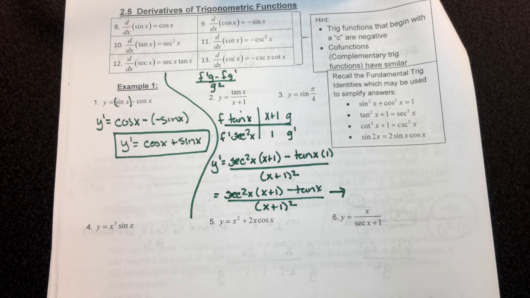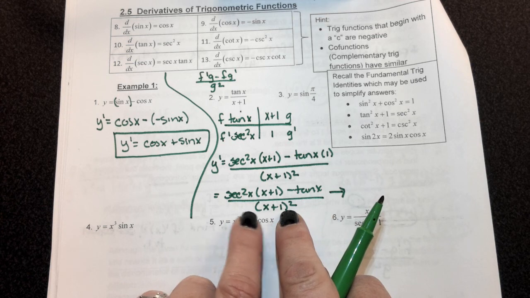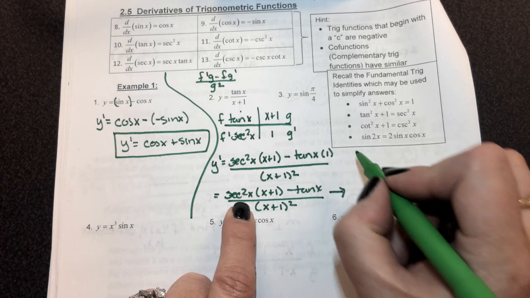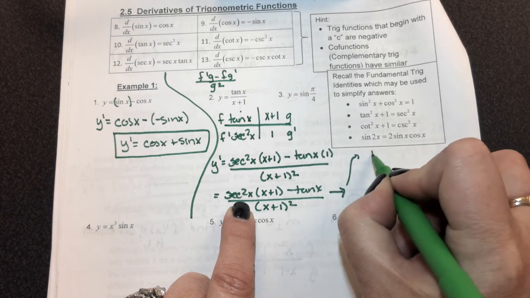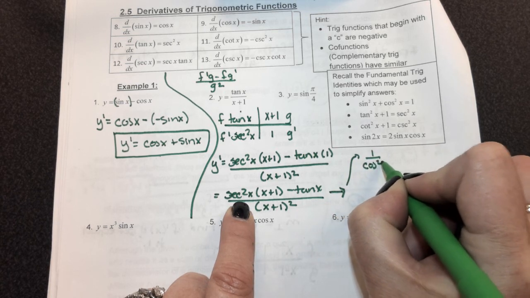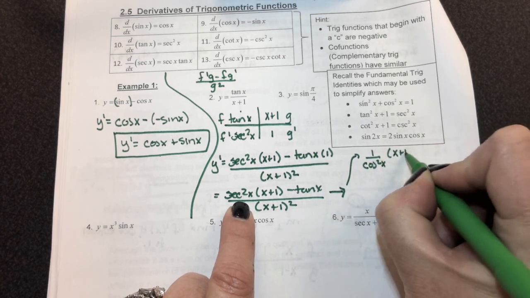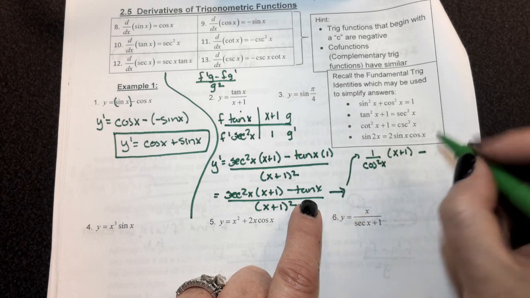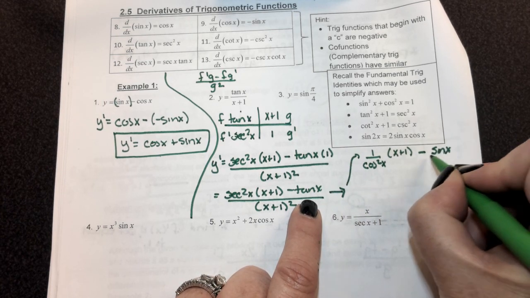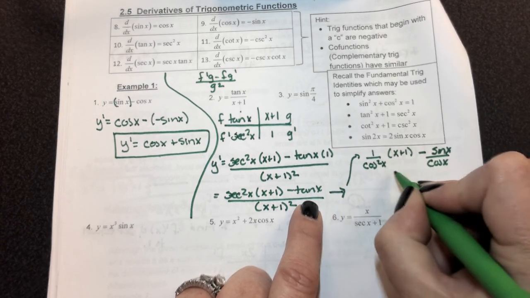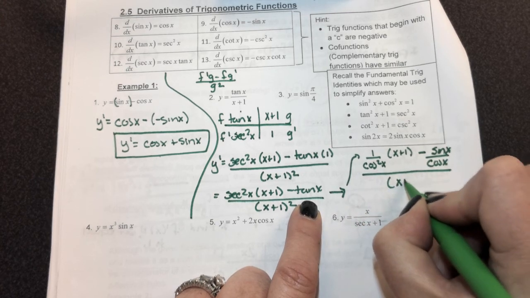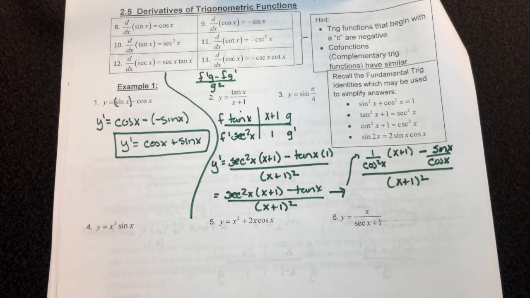identities that we've studied. So for example, if we take a look at secant squared x, I can rewrite secant squared x as 1 over cosine squared x, times x plus 1, minus, I can change tangent into sine x over cosine x, all over x plus 1 to the second. This is a complex fraction that they're going to simplify on you.